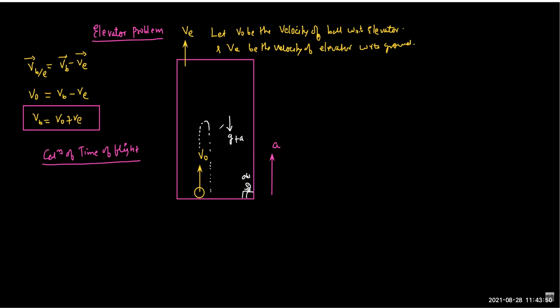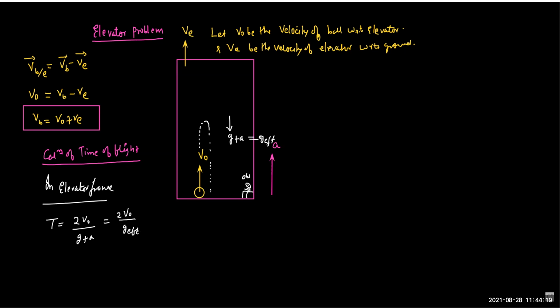So we know how to find the time of flight. The time of flight in the elevator frame is very easy to find, and it's only a one line answer: 2 V naught by G plus A, just like the formula which we have. We can call this G effective, like some net value. So the formula remains the same, 2U by G effective.